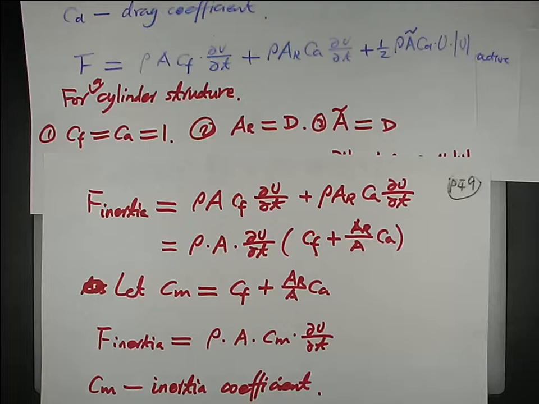Simply speaking, if you want to calculate force using the Morison equation, you have to answer the critical question about the values of Cm and Cd. In this equation, we need to answer the values of Cf and Ca. How?